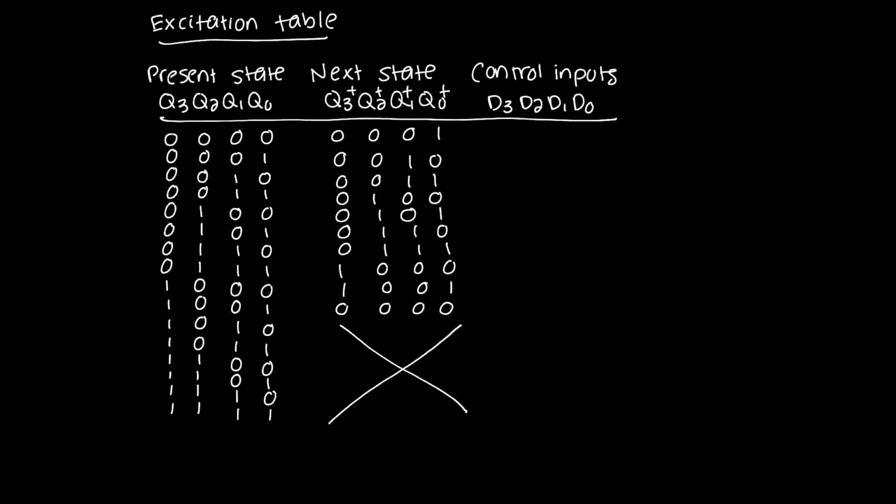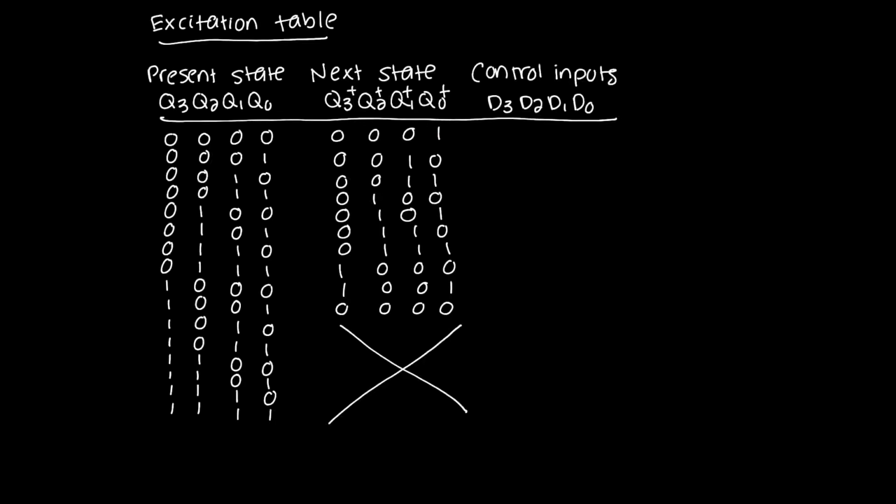For a D flip-flop, when I do the excitation table, I know that whatever I want the next state to be, that's what D has to be. So if I want the Q output at the next clock edge to be 0, that's really simple: D has to be 0. And if I want it to be 1, D has to be 1. And that's it. It doesn't get more complex than that.